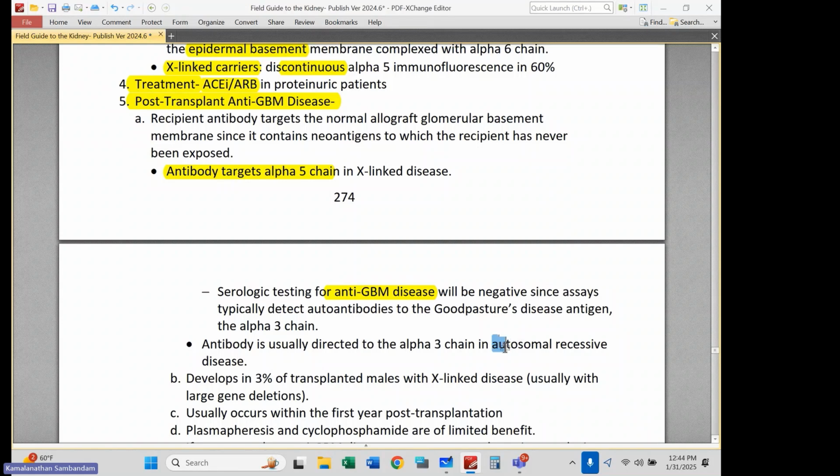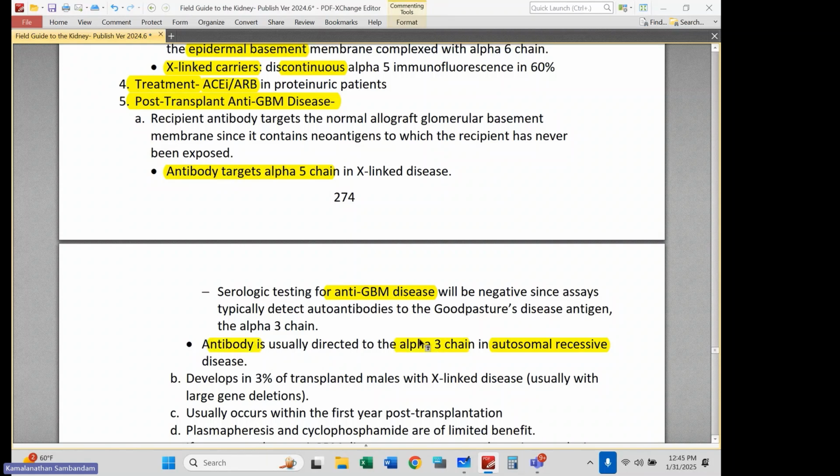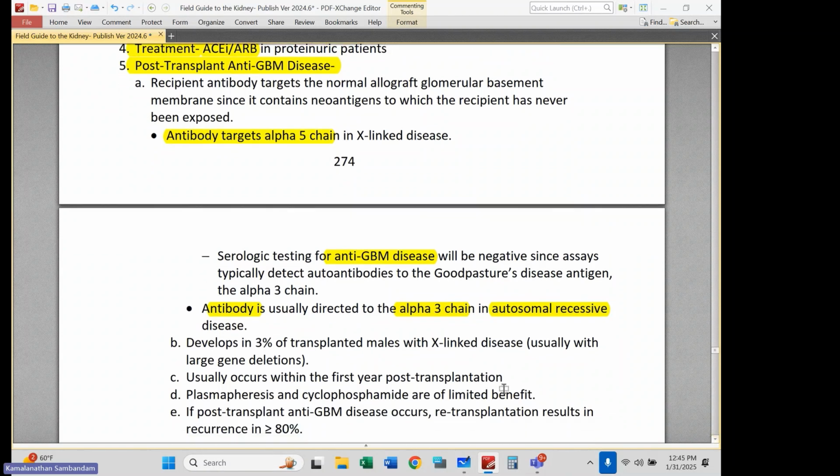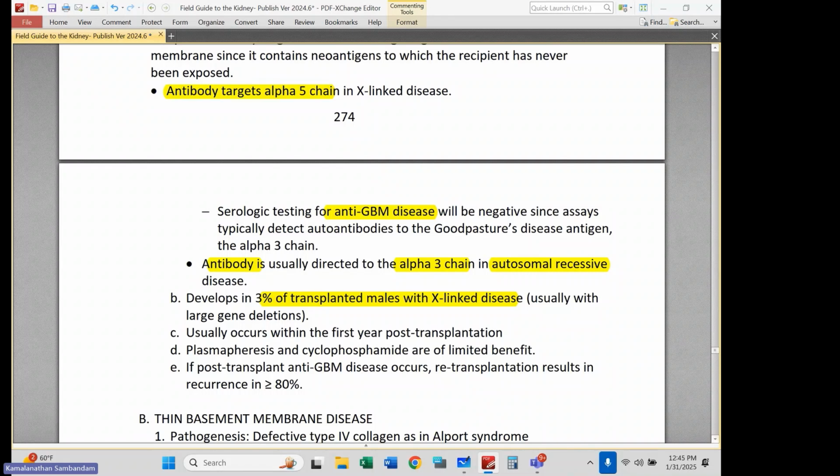If I have autosomal recessive disease where I have a mutation in alpha 3 chains, I might have the antibody to the alpha 3 chain. Now, this occurs in a small proportion of patients with X-linked disease, and it's usually when they have large deletions in that alpha 5 chain.